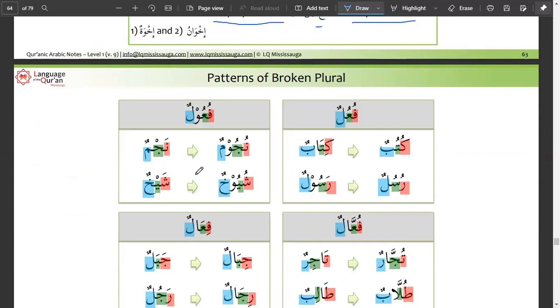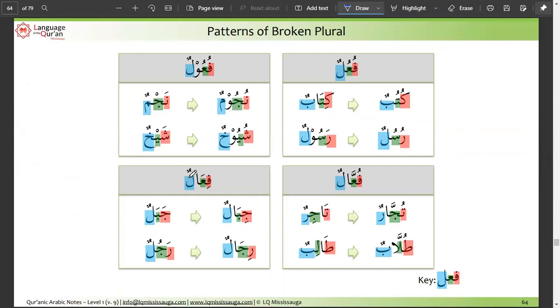Now we learn the patterns of the broken plurals. Najmun, nujumun. Here nujumun is on the pattern of fu'ulun. Shaykhun is on the pattern of fu'ulun. This is the first pattern, fu'ulun. And the second one is fu'ulun.